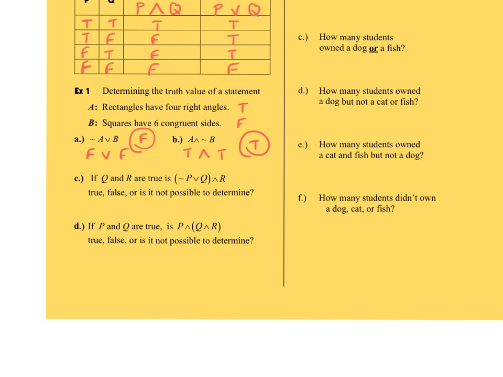Now, the last thing that we're going to do is look at what we do when we don't know all the parts. So I'm going to give you a couple parts. I'm going to tell you that Q and R are true, and then we're going to substitute in. We're going to use this statement right here. So I don't tell you anything about P, so I leave it as negation P. The V means or. Q, I told you, is true.